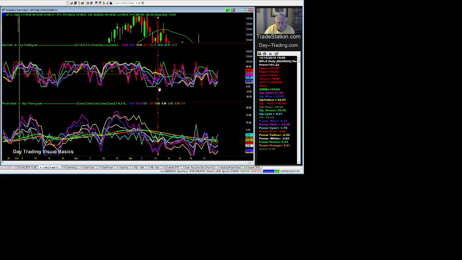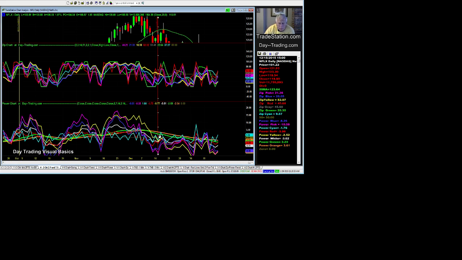The day before we have the alert of the Zip Cyan lowest, we have the Zip green at 0 for, looks like 4 or 5 days. And so now Zip green is above Zip Cyan, which is a basic requirement, and so there's a really good chance that even though we're in a downtrend, it's going to go higher.